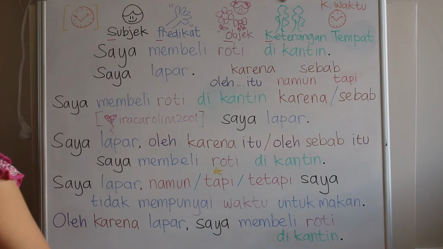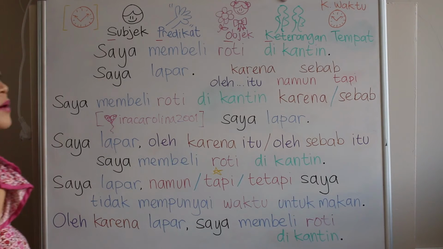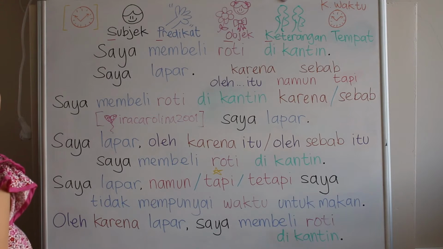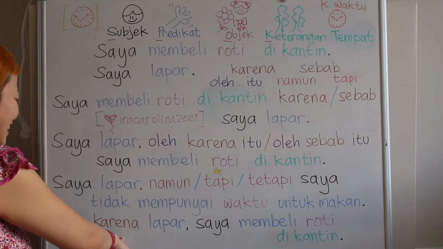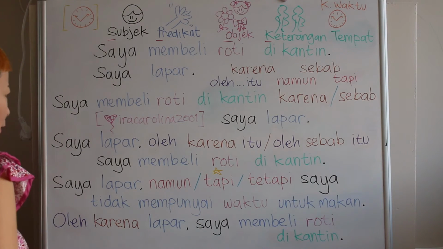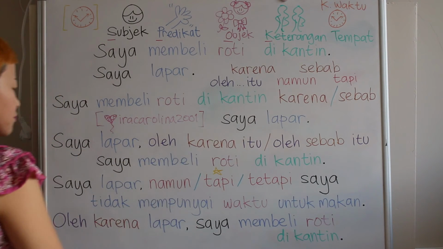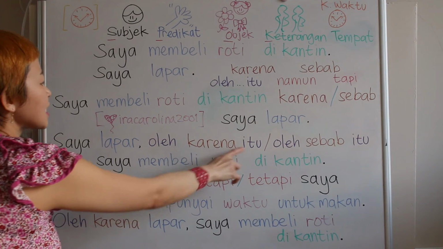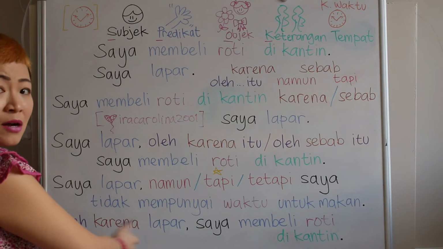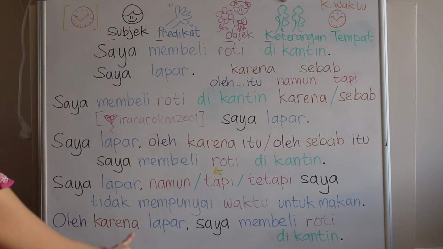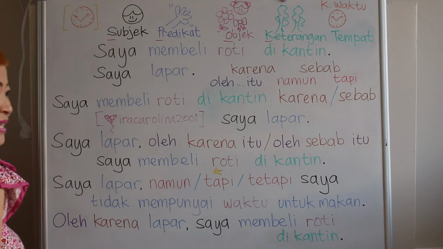In this case, it's because of. Oleh is by. Karena is because. You don't put the itu. Oleh karena itu, because of that. But oleh karena, without the itu, just oleh, by, and karena, means because of.